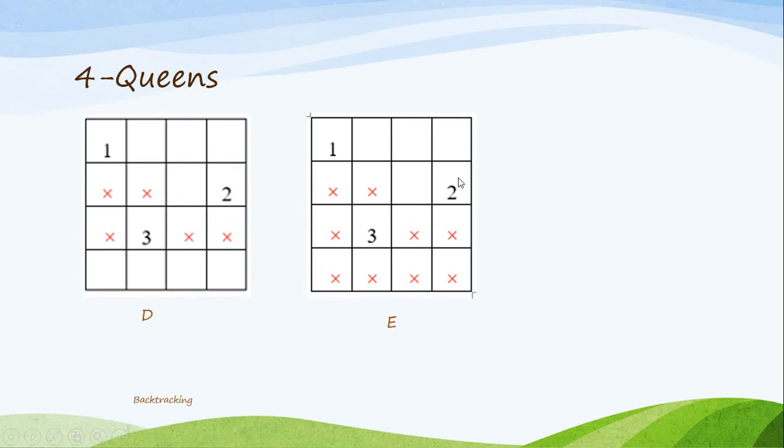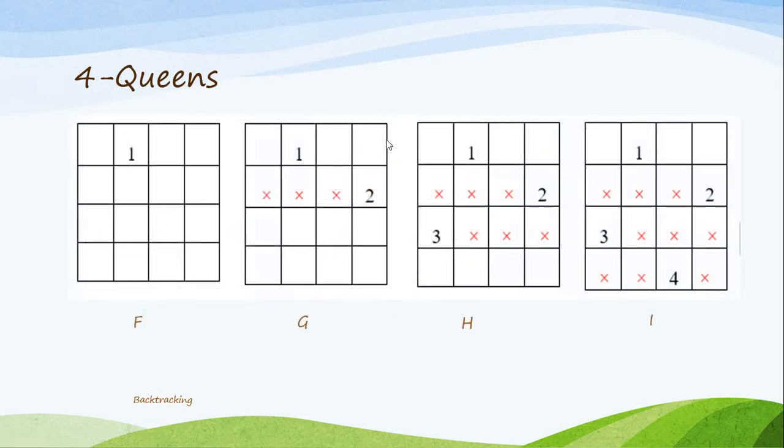So again backtrack and move this first queen to the second column. So we have moved the first queen into the second column. Then we will move the second queen into the fourth column. Then there will be the only place for the third queen in the first column, and we can keep our fourth queen in the third column. So this is the solution state.